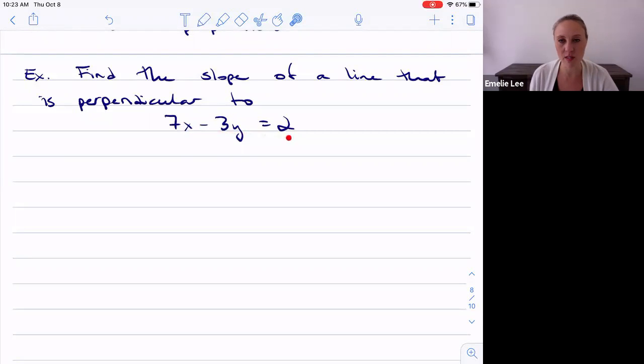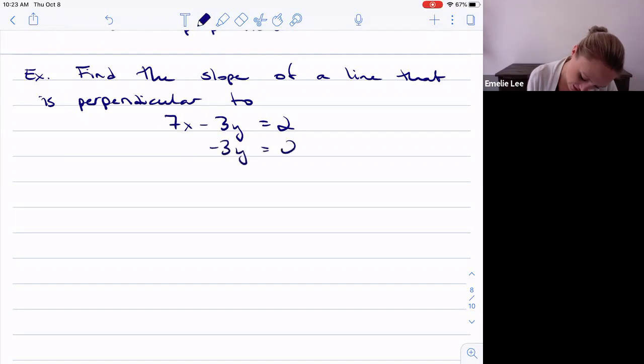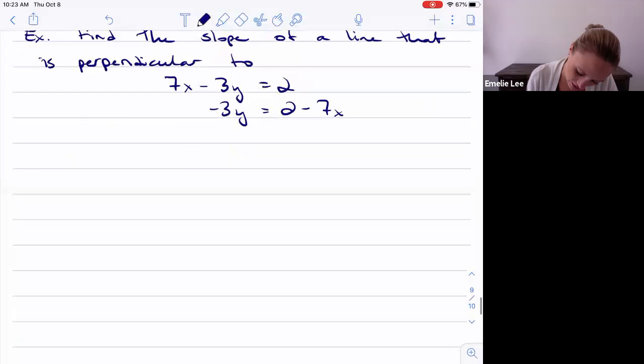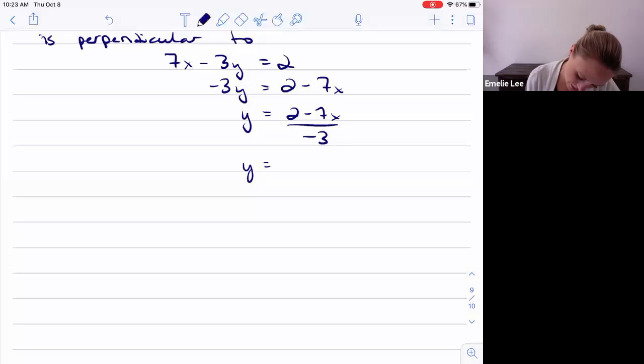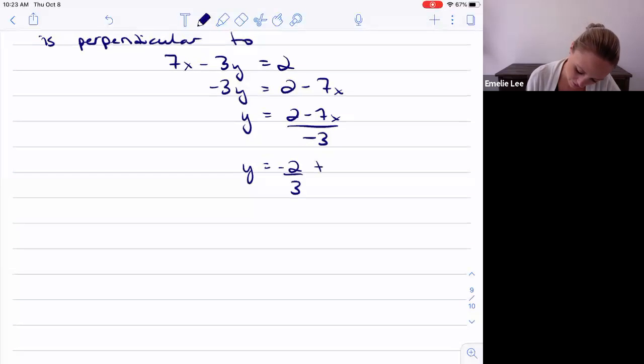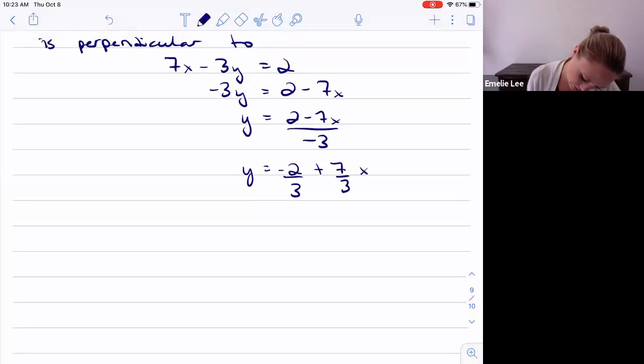First, I need to find the slope of this line, and then I can take the negative reciprocal of that slope, and that's the slope of the line that's perpendicular to this line. So I get negative 3y is 2 minus 7x. So y is (2 minus 7x) over negative 3. Putting me at y equals, I'll bring that negative up, negative 2 over 3 plus 7 over 3 x.